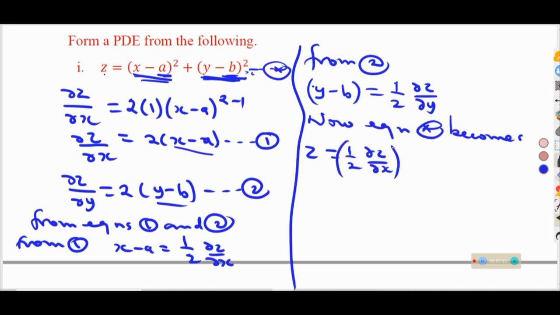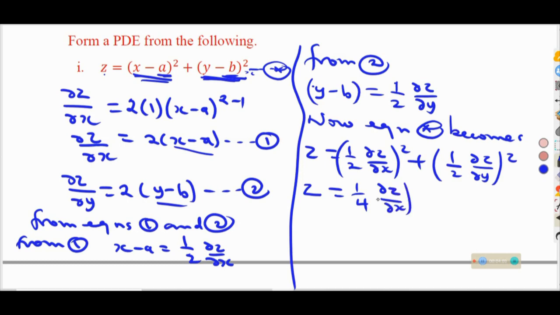But x minus a is squared, so we shall have this squared plus y minus b, which is the same as a half del z del y. So this will also be squared. So we shall have z, which is equal to a half squared, which will give us a quarter del z del x, where the whole of this is squared, plus a quarter del z del y, where the whole of this is squared.